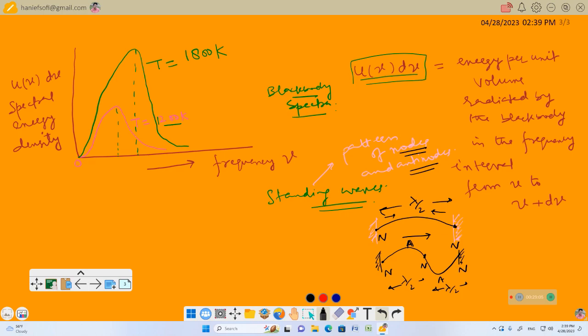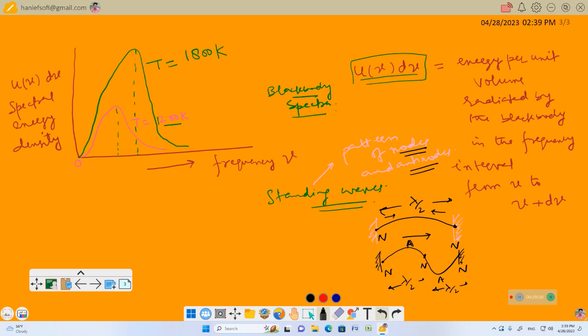Therefore, the path length from wall to wall, whatever the direction, must be a whole number of half wavelengths. That means it can be 1 lambda by 2, then 2 lambda by 2, then 3 lambda by 2, and so on, so that a node occurs at each reflecting surface.